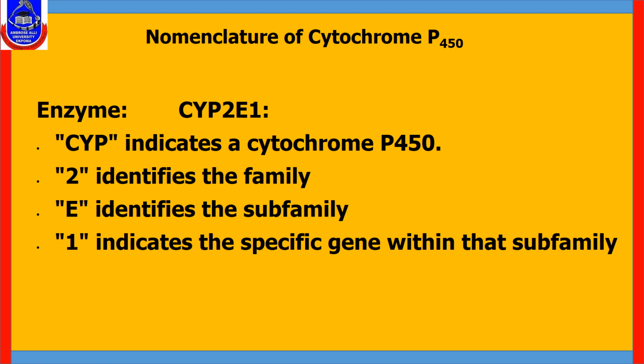The 2 there identifies the family. The E identifies the subfamily, and 1 indicates the specific gene within that subfamily.